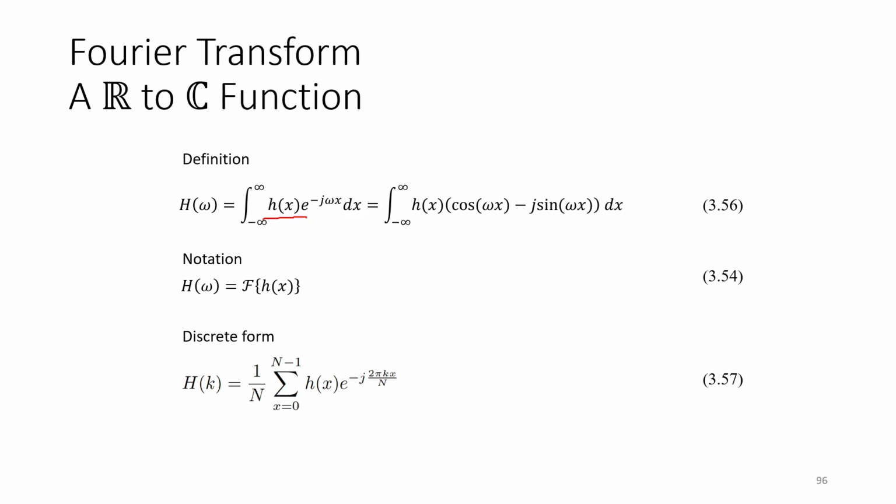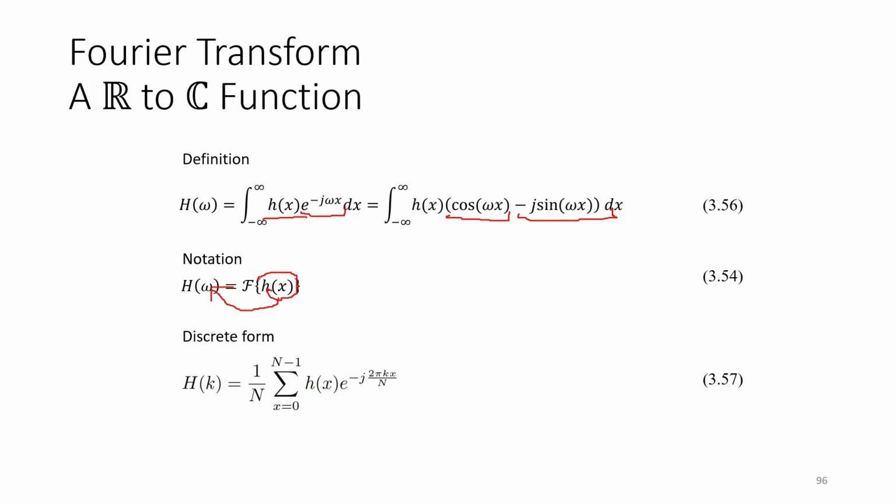When we separate Euler's formula into two parts, they are cosine omega x and negative j sine omega x. Usually we use this notation, where F is the Fourier transform. It transforms a real function to its complex function.